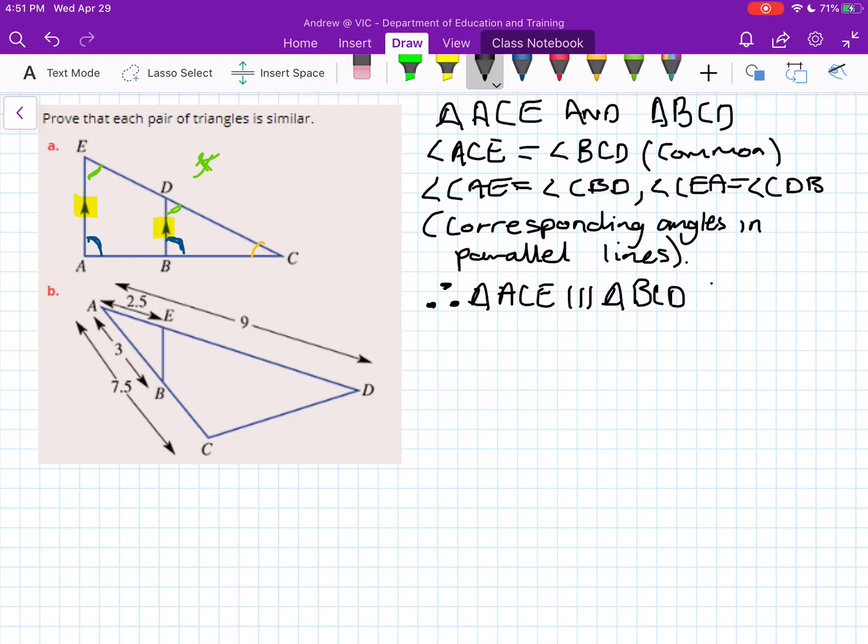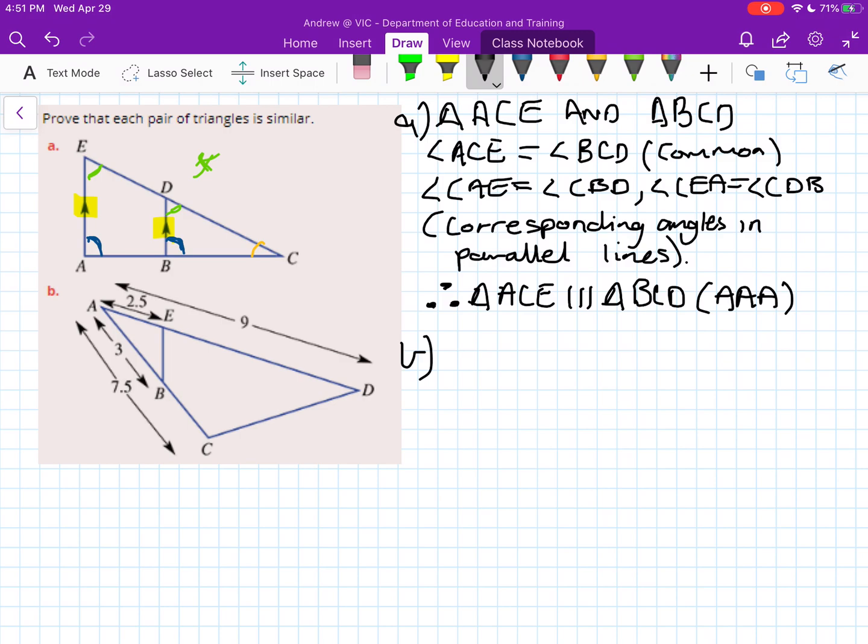And this is because of the angle similarity. Okay? So this is question A fully answered. Always finish on your similarity statement that I've just done there. So make sure you don't forget that.